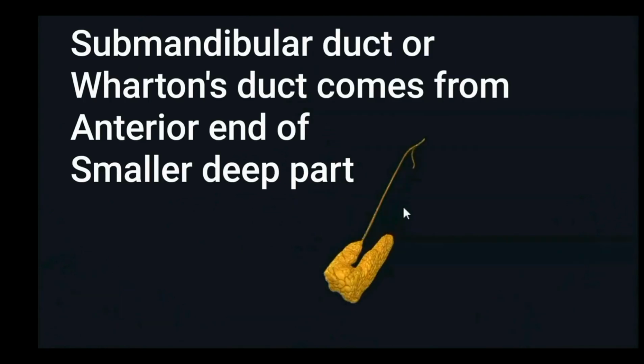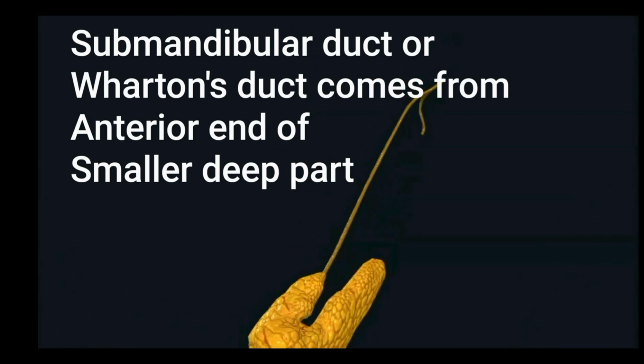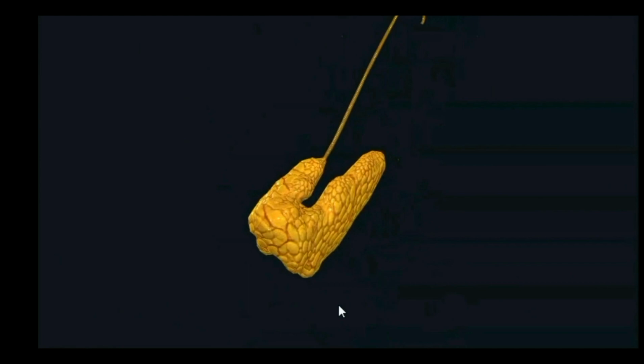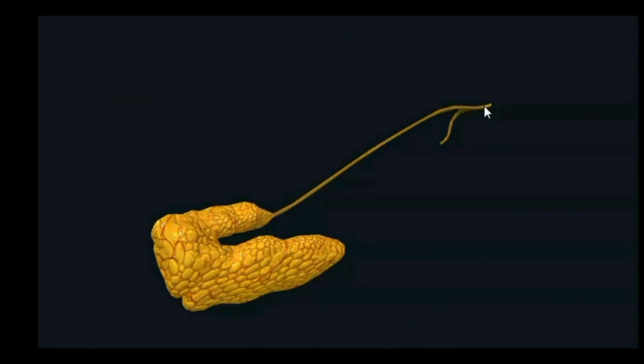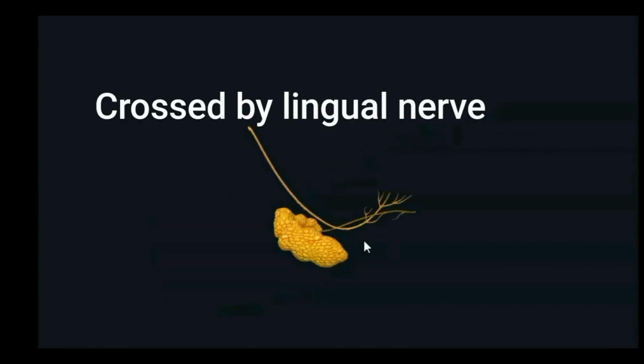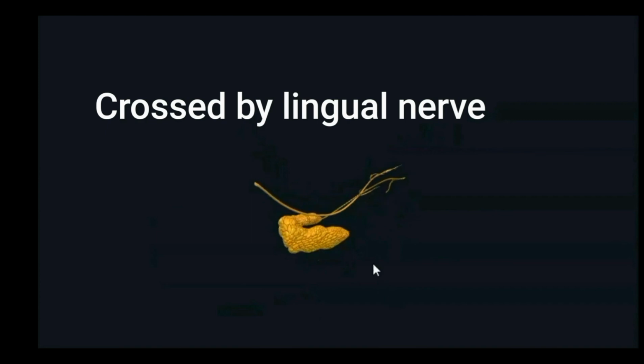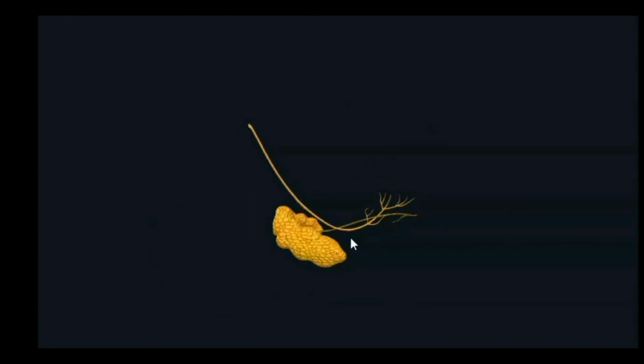Whereas the submandibular duct, also called Wharton duct, which is 5 cm in length, comes from the anterior end of the deep part and opens into the sublingual papillae. Both the ducts, right and left, open on either side of the frenulum linguae when you reflect the tongue, the ventral surface, and it is crossed by the lingual nerve.